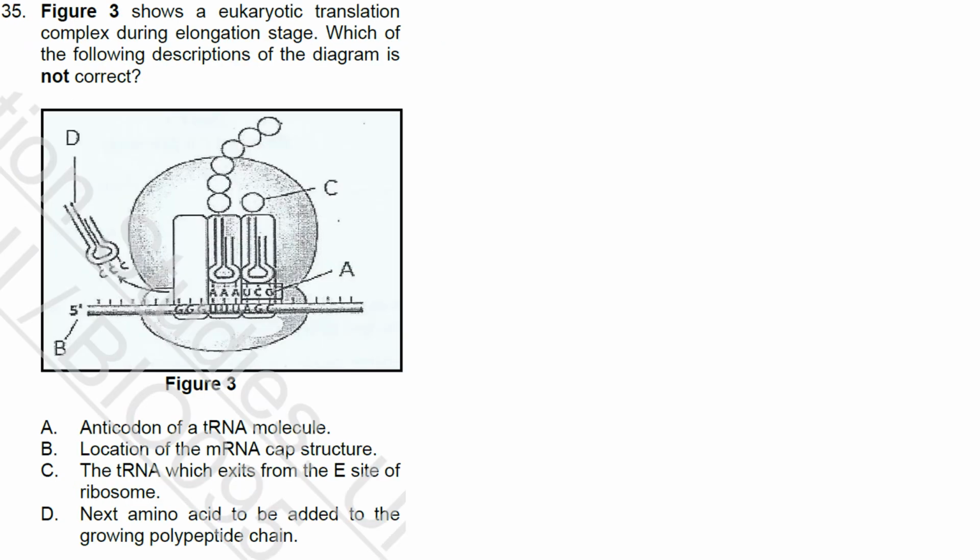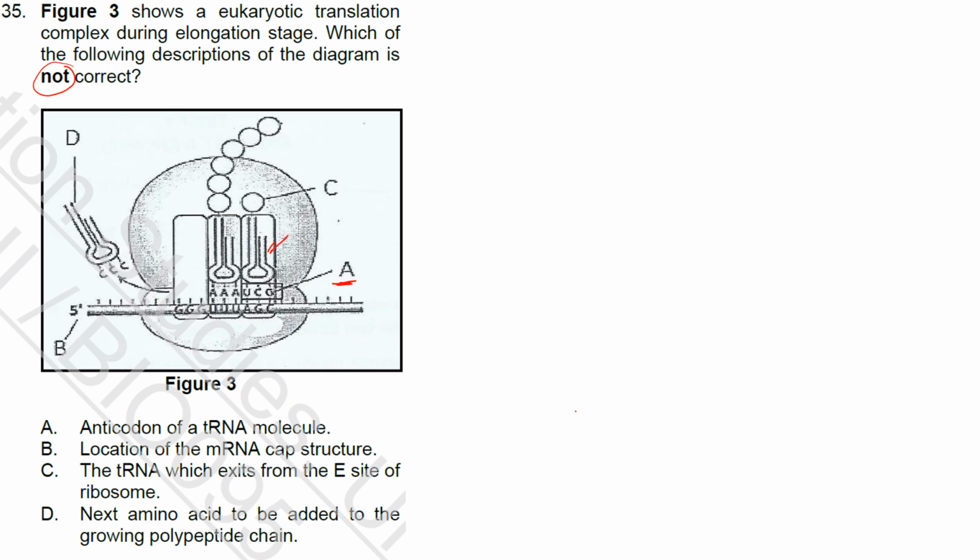Question 35. Figure 3 shows a eukaryotic translation complex during elongation stage. Which of the following descriptions of the diagram is not correct? If you look at statement A, A is the anticodon of a tRNA molecule.